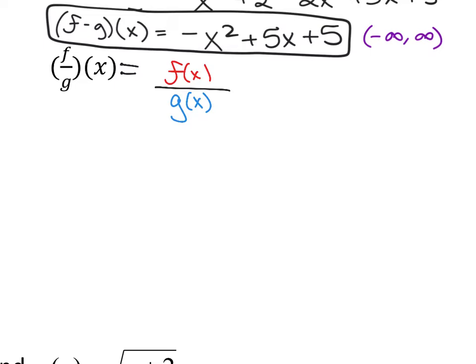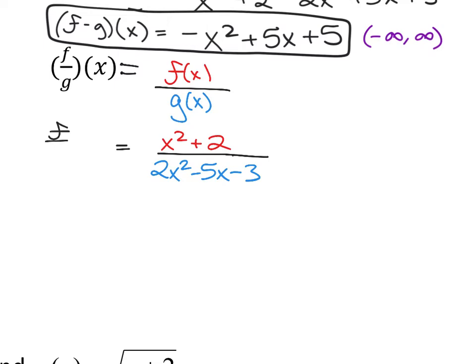But if we go ahead and write the function, we would have f of x on top, which was x squared plus 2, and g of x in the denominator, which was 2x squared minus 5x minus 3. Now there's nothing I can really simplify here because there's no GCF for all of the terms that I can divide away.